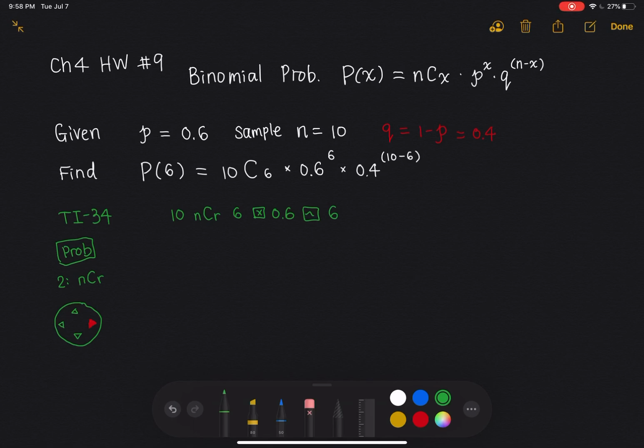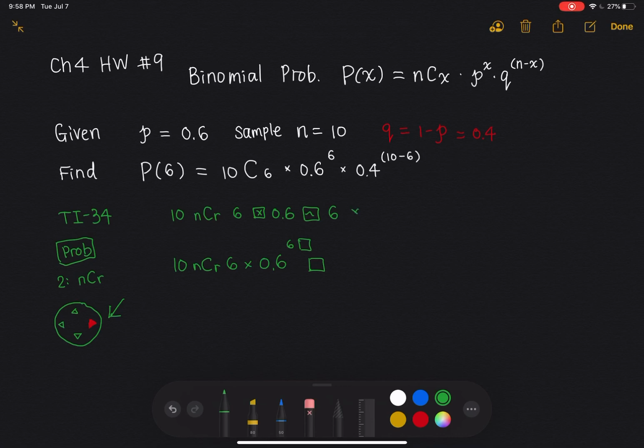So instead of seeing 10 nCr 6 times 0.6 to the 6th power and your cursor's right here, it's going to drop back down right here, okay? So make sure you hit this right arrow.